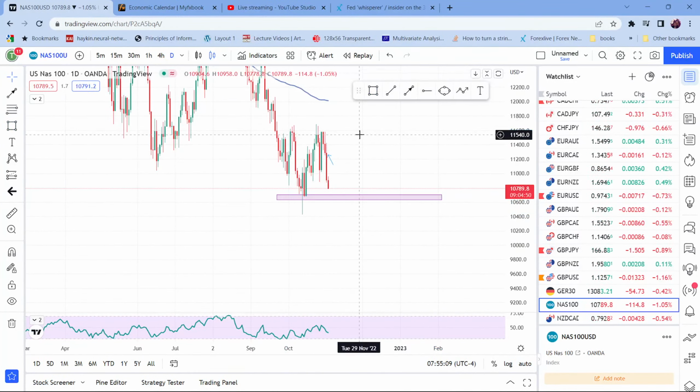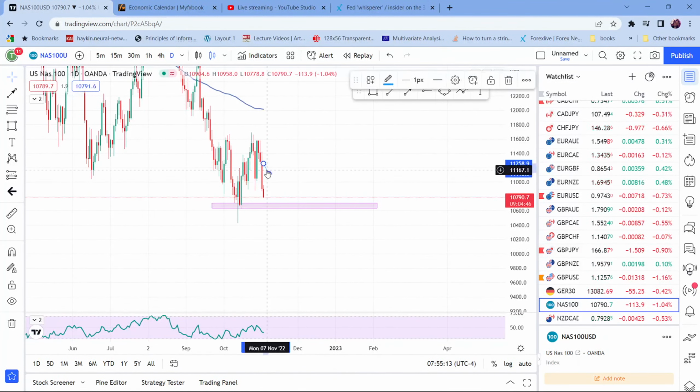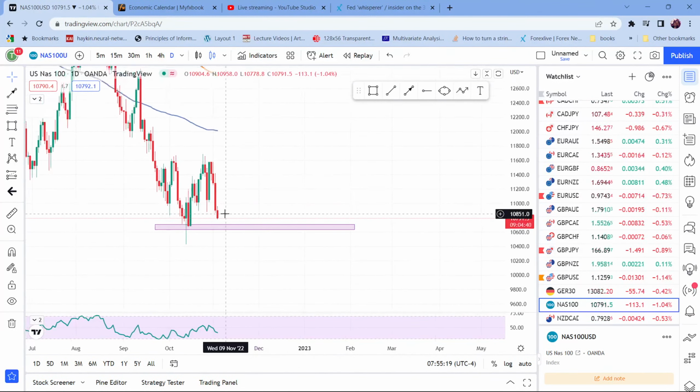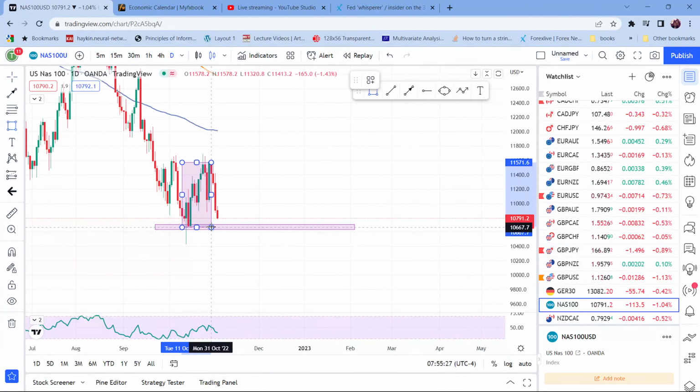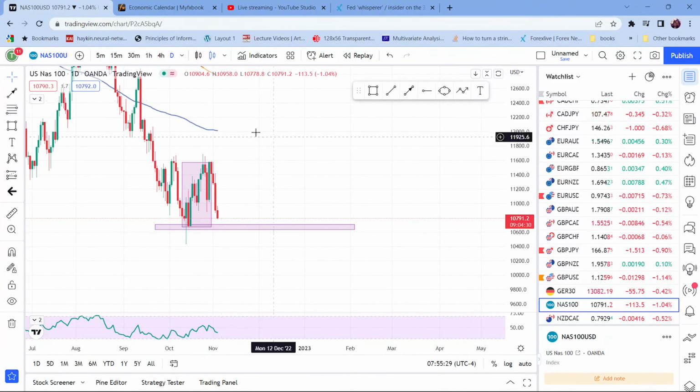Let me just delete this. Are we coming back down to these zones on the daily time frame? Looking further on, price could reach back into this area, and we could see all of this whack movement right here displayed again.